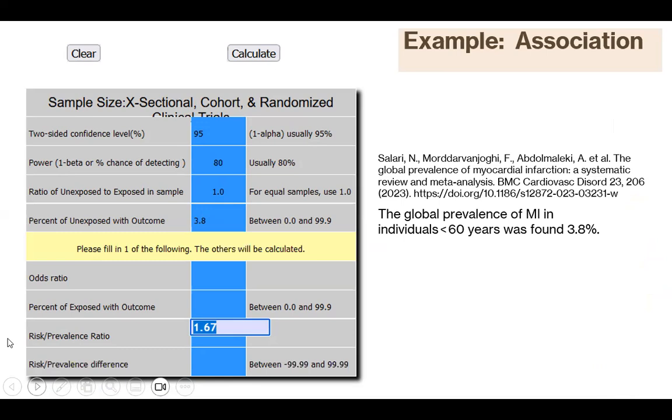So I found this study, Salari et al., which stated that the global prevalence of MI in individuals less than 60 years old, which is usually a good proxy for the general population, was found to be 3.8%. And I used that to input the percent of unexposed with outcome. And then now I'm ready to calculate.